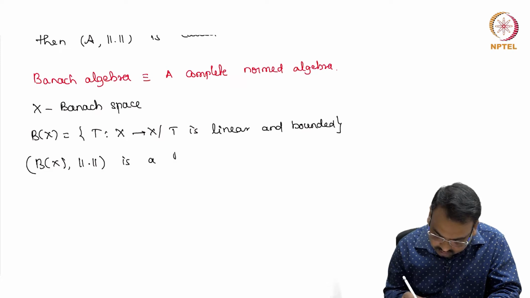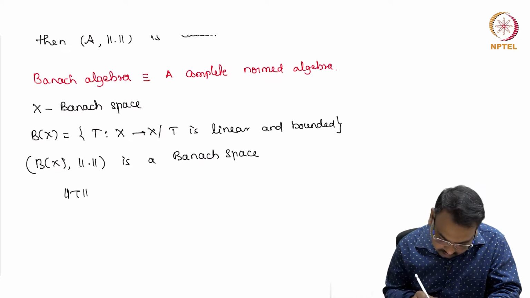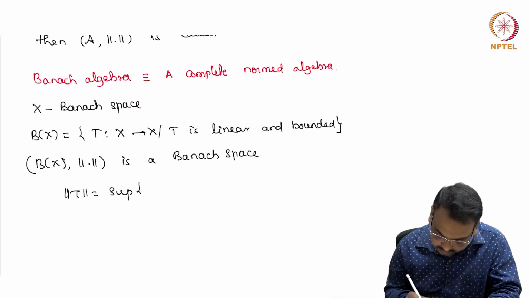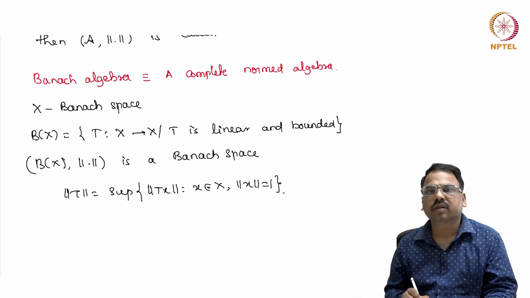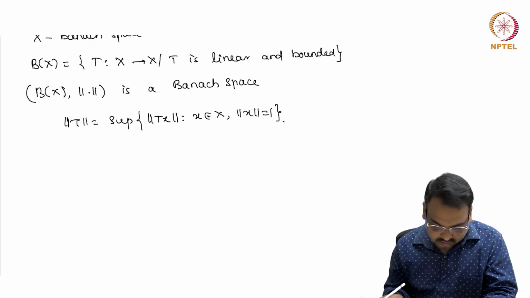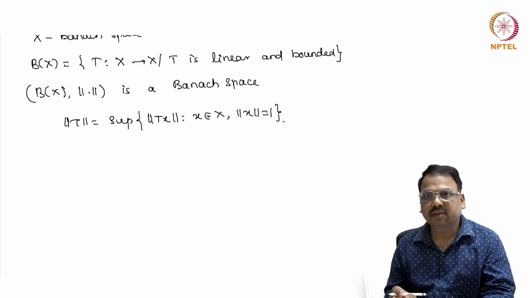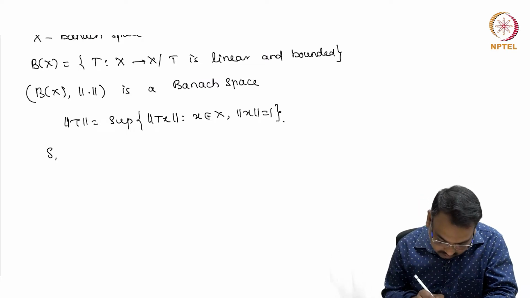The norm of T we write as the supremum of norm Tx, where x is in X with norm x equal to 1. This is called the operator norm of T. We know that B(X) is a vector space: if you take S and T in B(X), then S+T is in B(X).